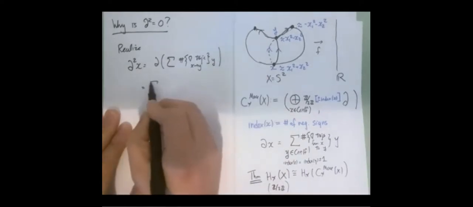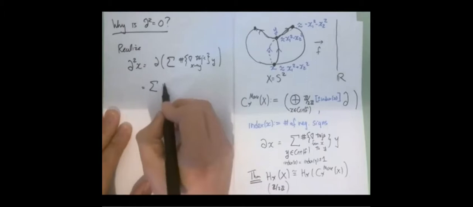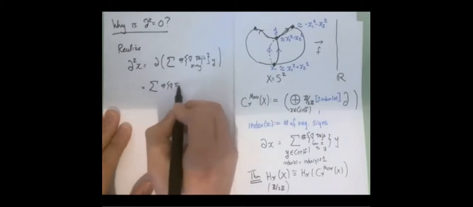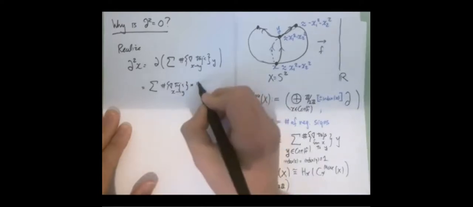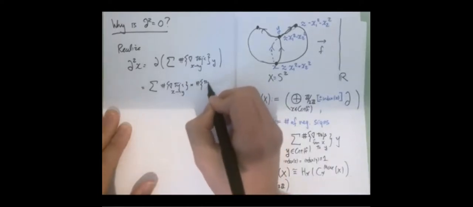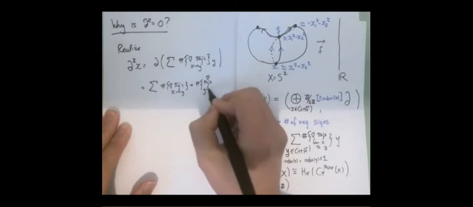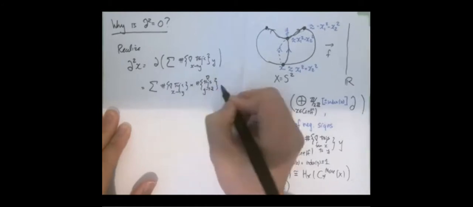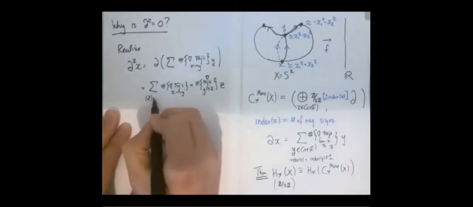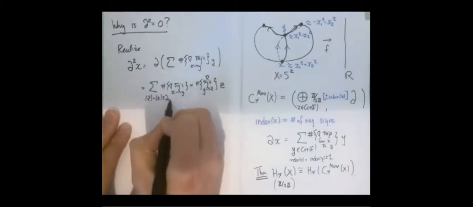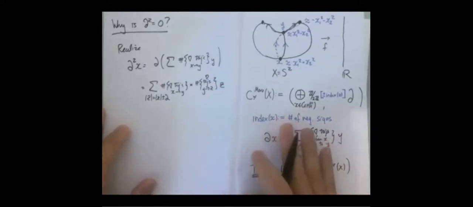And so this is going to be some summation over the number of gradient trajectories from x to y times the number of gradient trajectories from y to z. And this product is going to be the coefficient in front of some generator z, where the degree of z will be the degree of x plus or minus 2. It'll be 2 degrees away.